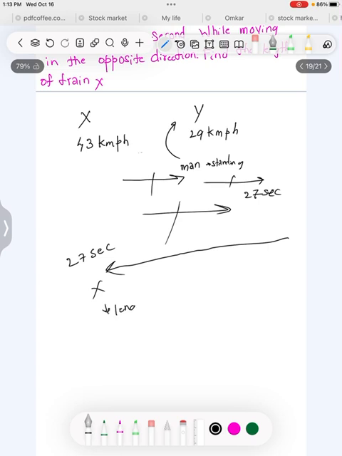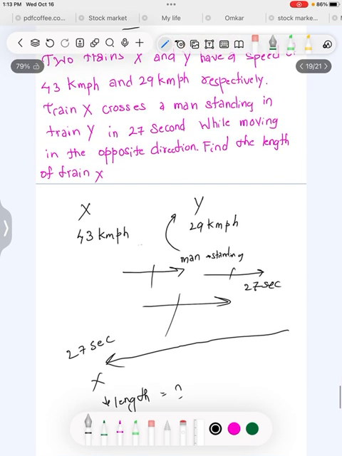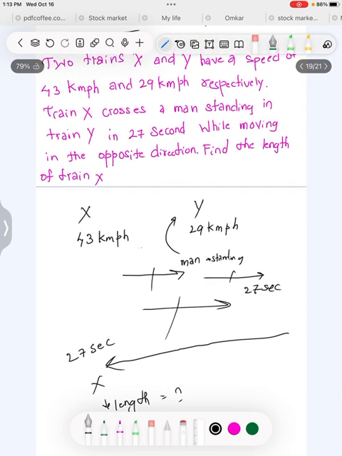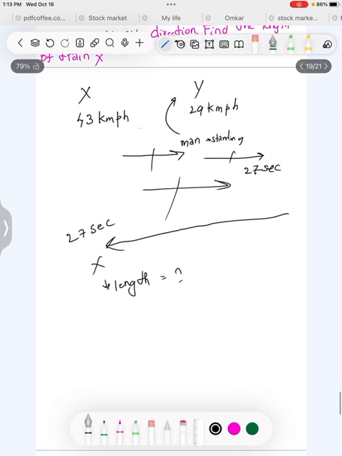Okay. So you know that these type of problems you might have seen in physics, right? So let us see what we can do here. Simply the speed formula is, you might everyone know that, distance by time.